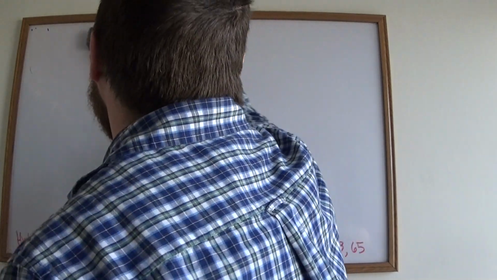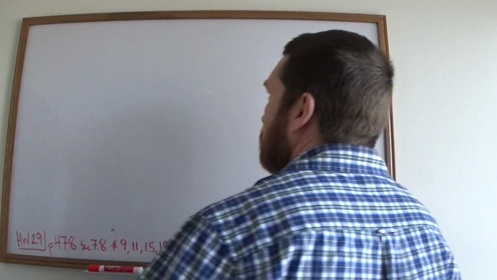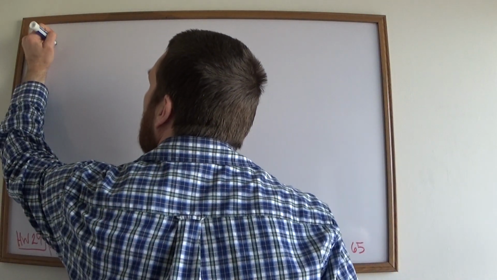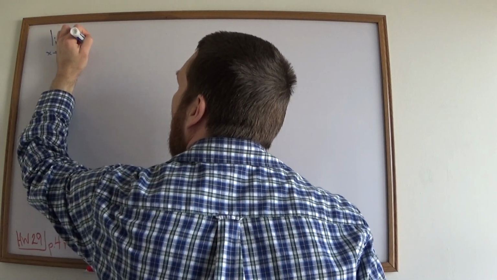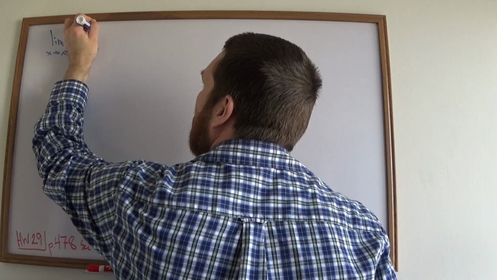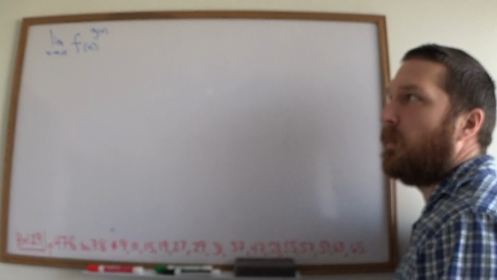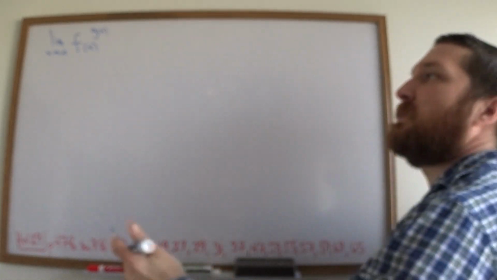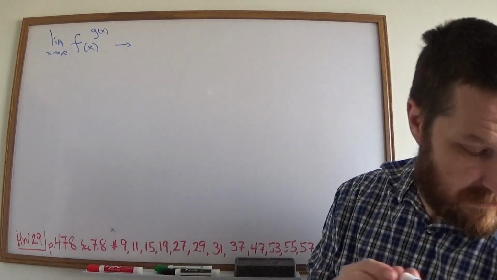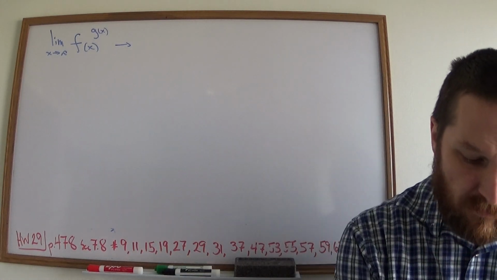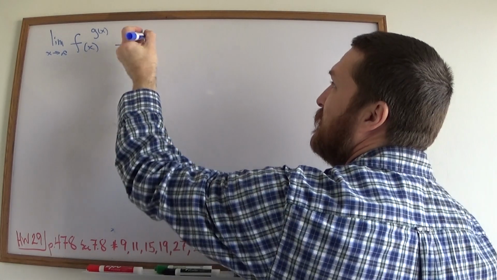So, there's one last kind of indeterminate form that we want to talk about. It's where you have the limit as x goes to infinity of f of x raised to g of x. So this is an indeterminate power. You have some function raised to some power, and you have to be careful, because there's only 3 kinds of things where you could do this.